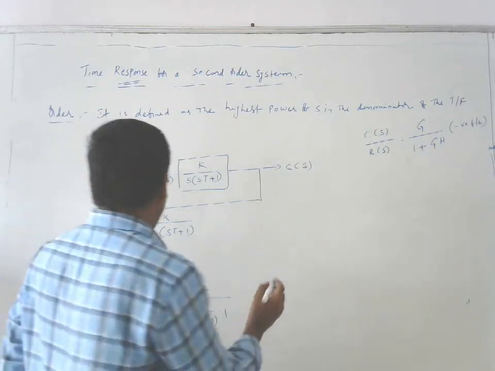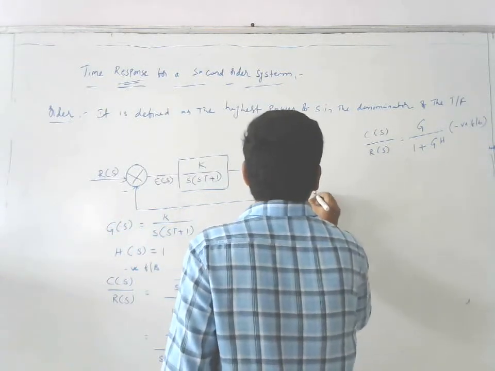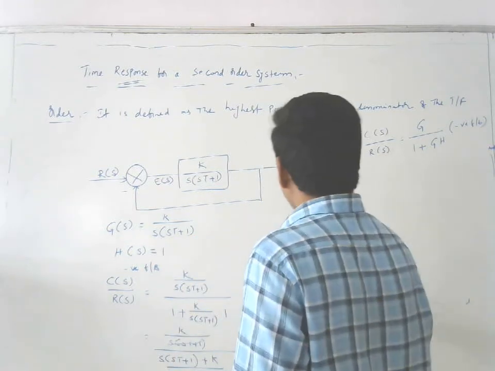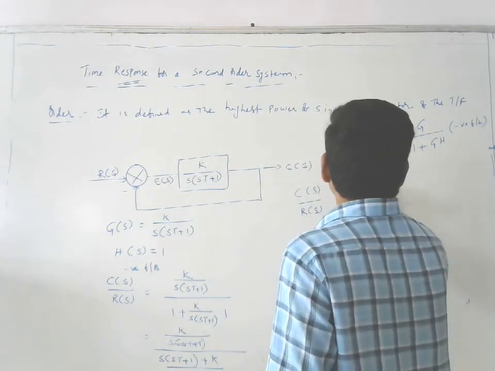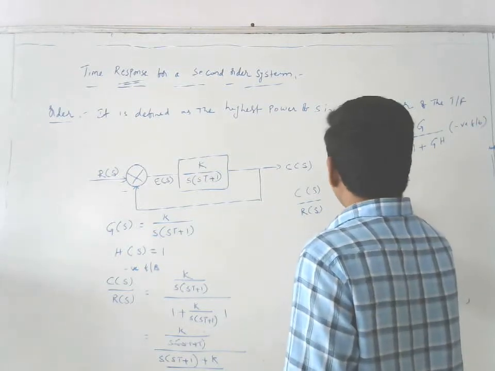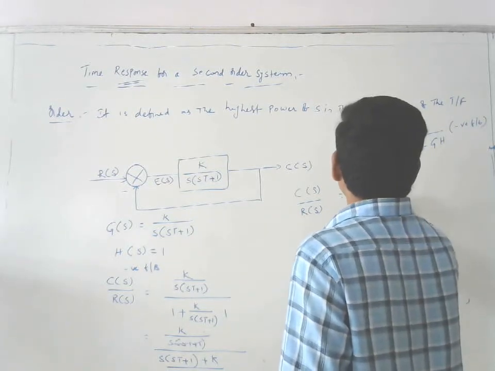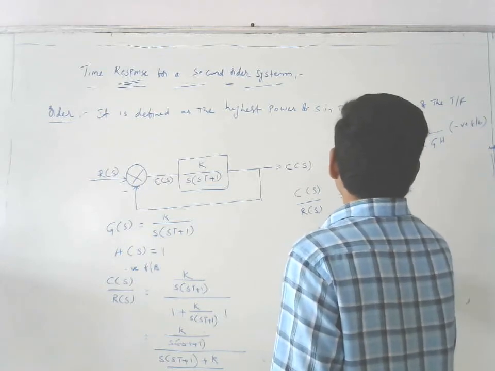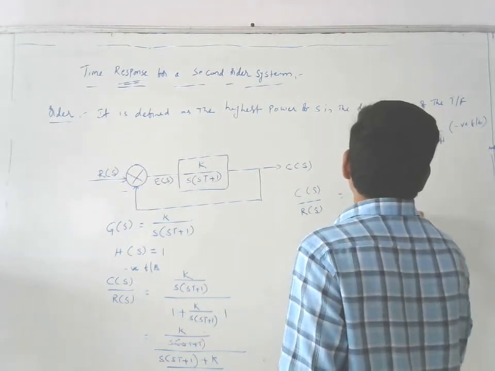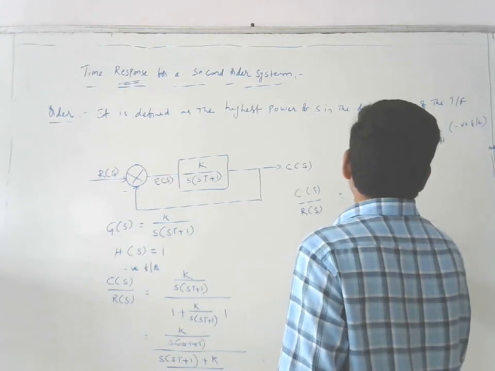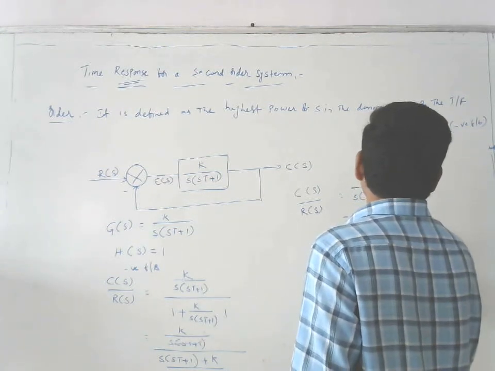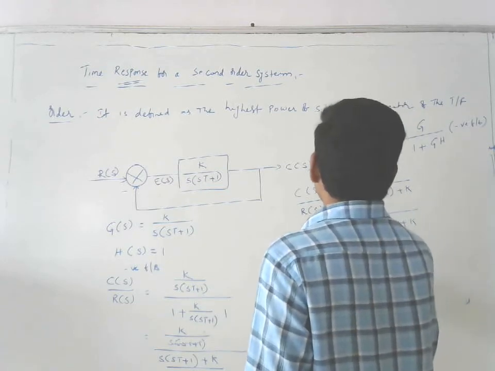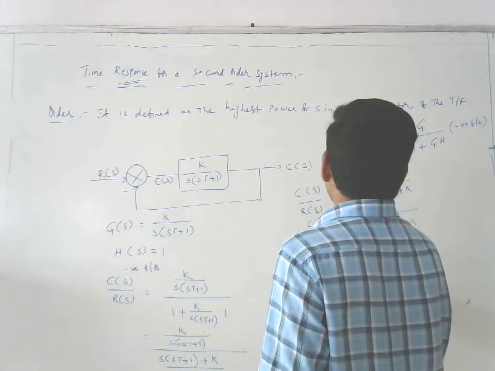Now finally what do we get? C of S by R of S is K divided by S into (ST plus 1) plus K, that is K divided by S square into T plus S plus K. This is the C of S by R of S value.